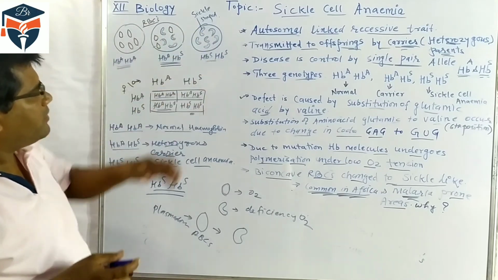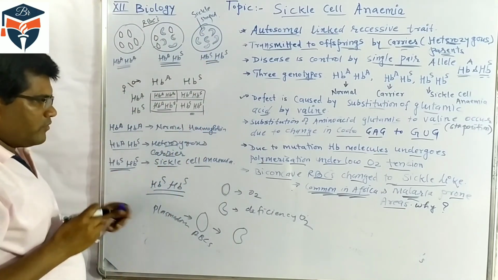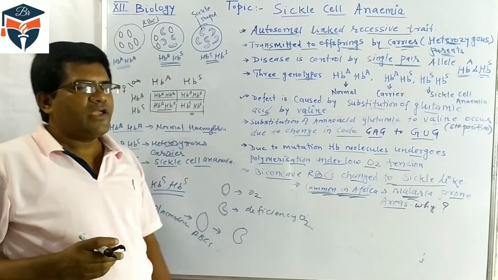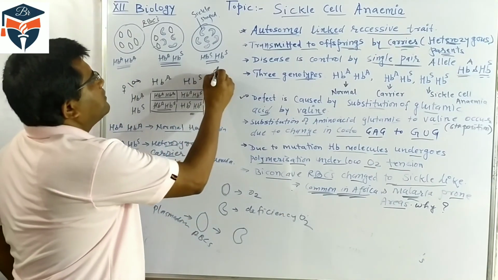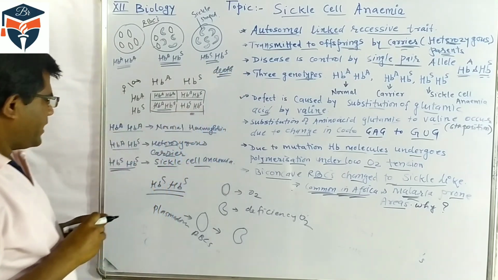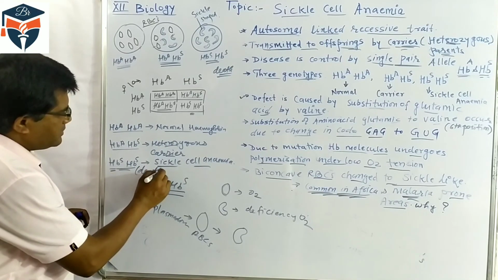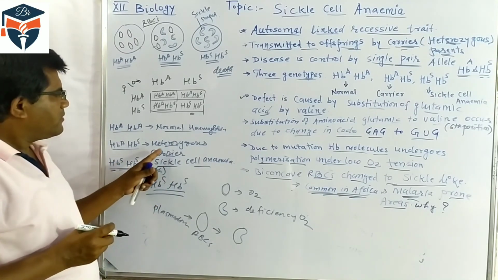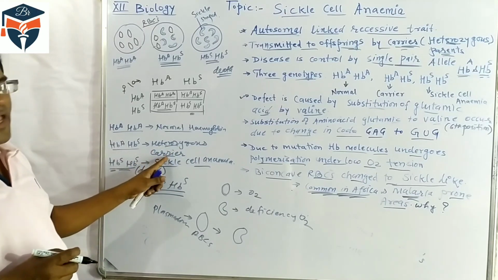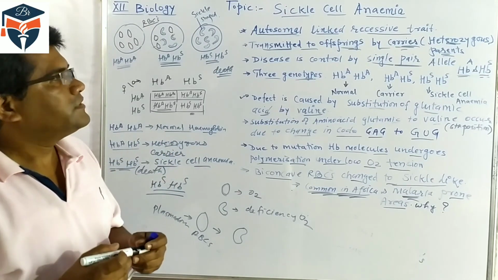And HBS, HBS is the condition in which the individual does not survive due to the deficiency of oxygen, and it leads to death. This is the homozygous HBS condition. But the gene is carried by carrier heterozygous parents. So that is all about sickle cell.